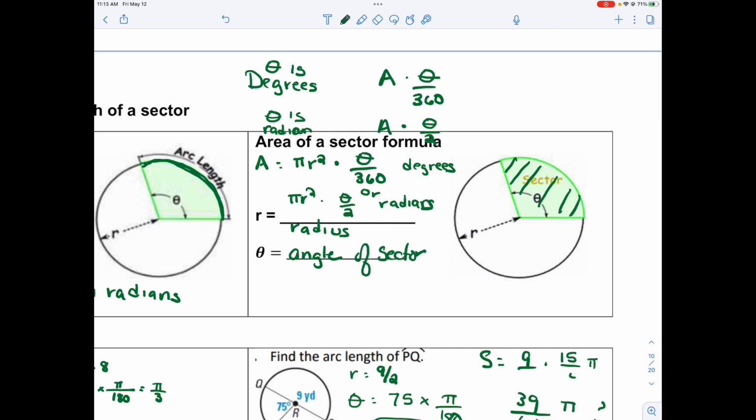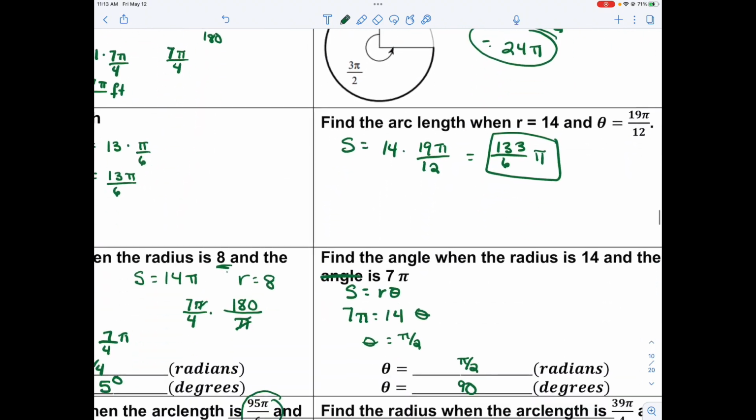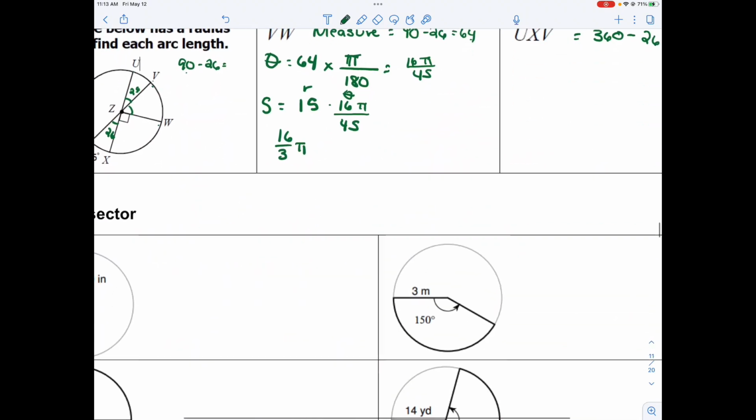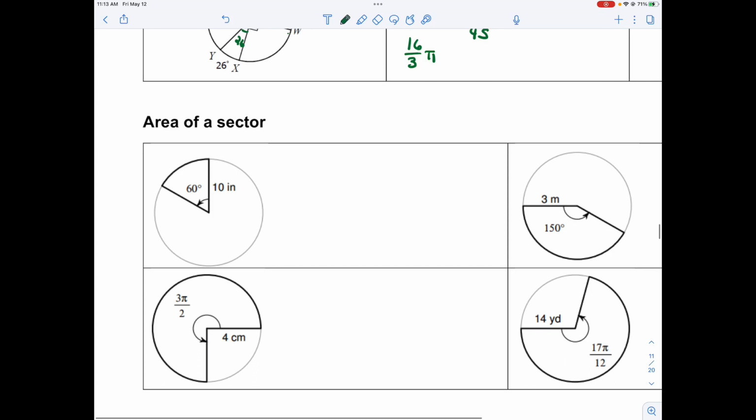Okay, so easy peasy. Let's just do a couple of problems. We're going to go down the page a little bit, and we're going to find the area of this sector. Notice my angle is in degrees. Because my angle is in degrees, my formula is going to be the area of the circle times theta over 360.